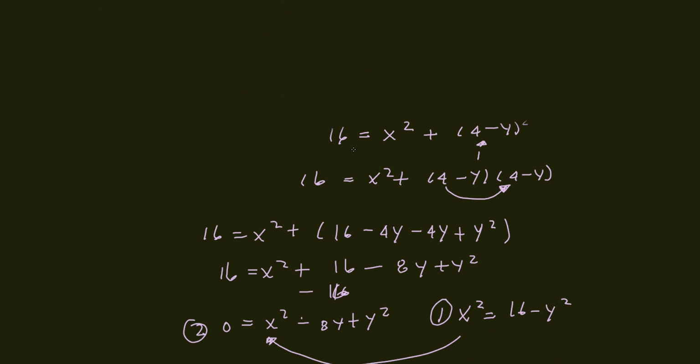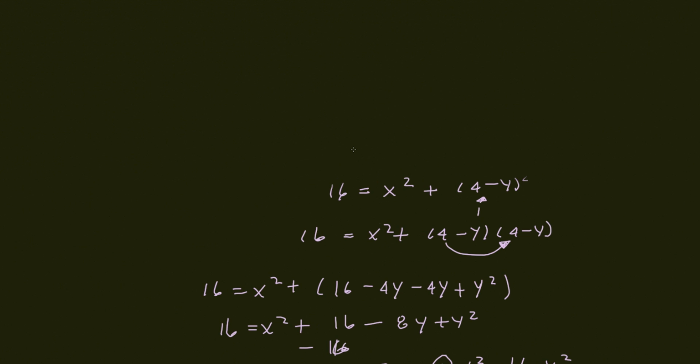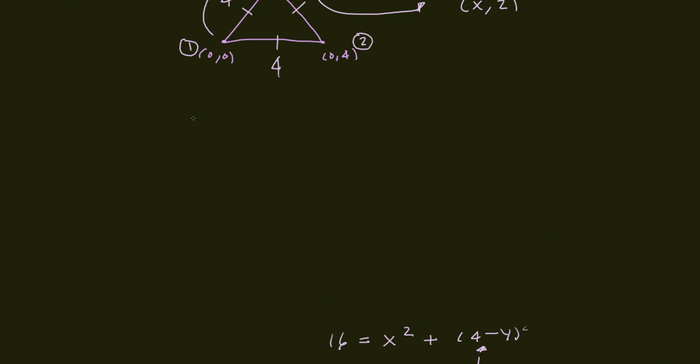Let's do it for the first equation. I think it's a lot simpler. So the first equation said x squared equals 16 minus y squared, oops, sorry, because we isolated this, right? So let's plug it in. So x squared equals 16 minus 2 squared. So what did that give us? 14.